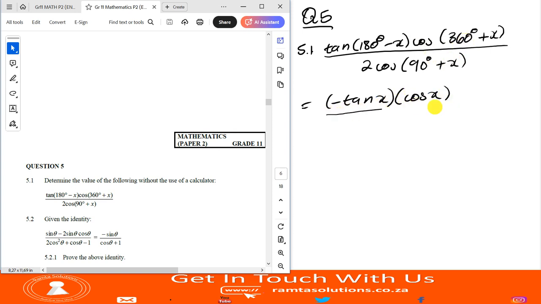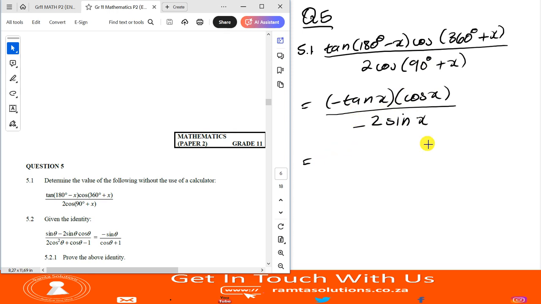Now cos in the 90 plus quadrant is negative, so let me write negative 2, and because it's 90 degrees, it changes to sine. So it's negative 2 sine x. We have negative and negative, so basically it becomes positive.